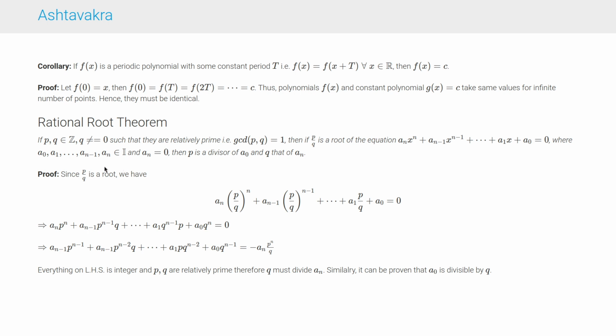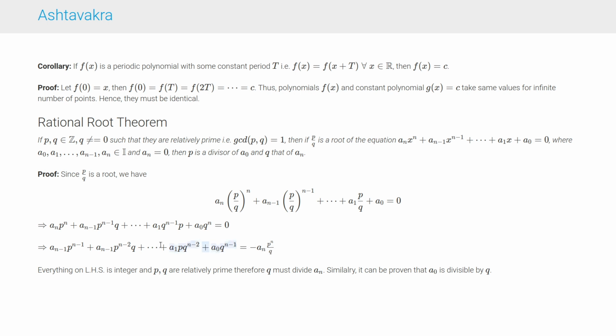then p is a divisor of a_0 and q is a divisor of a_n. So we are given that p by q is a root of the given polynomial. We substitute this, and after taking the LCM we have a_n p^n + a_(n-1) p^(n-1) q and so on up to a_0 q^n is equal to 0. So we take a_n p^n to the right hand side and divide by q. We get a_(n-1) p^(n-1) + a_(n-2) p^(n-2) q and so on up to a_0 q^(n-1), and on the right hand side we have minus a_n p^n by q.